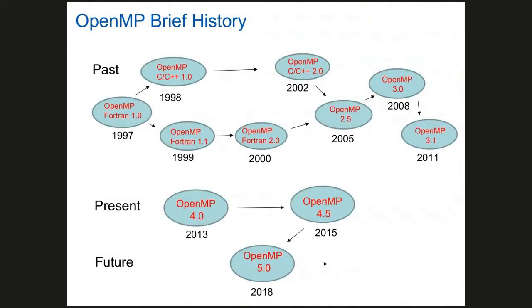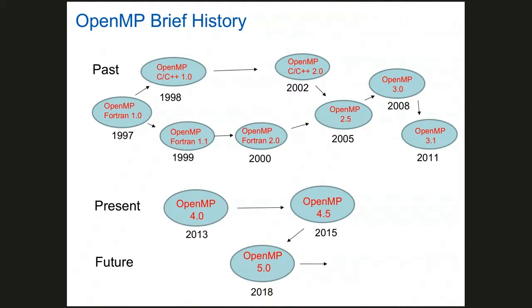If we give a brief history, OpenMP has over 20 years of history. It's managed and proposed by a consortium named the OpenMP Architecture Review Board. It's jointly defined by a group of major computer hardware and software vendors.